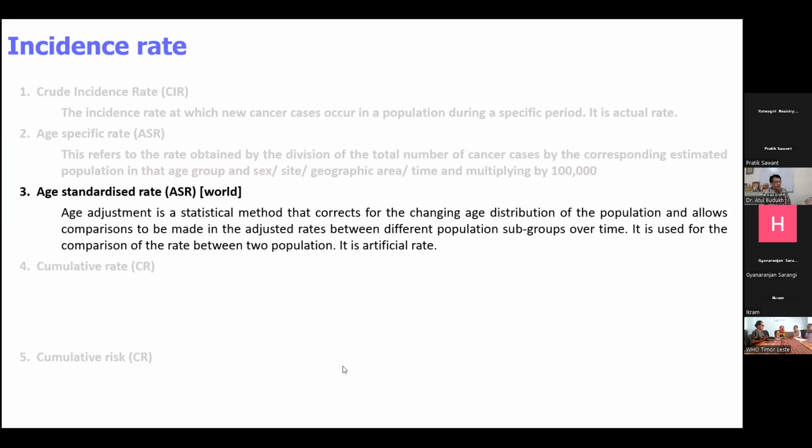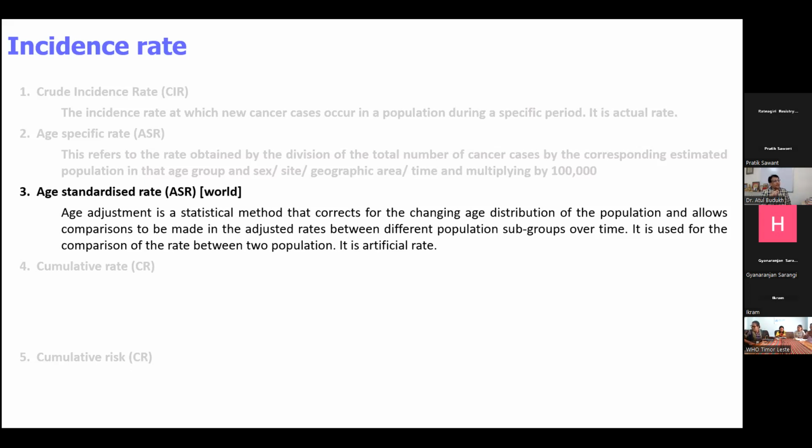Yes, sir. Okay. So I will teach you now what is age standardized rate. Age standardized rate is also called age adjusted rate. Age adjustment is a statistical method that corrects for the changing age distribution of the population and allows comparison to be made in the adjusted rate between different population subgroups over time.